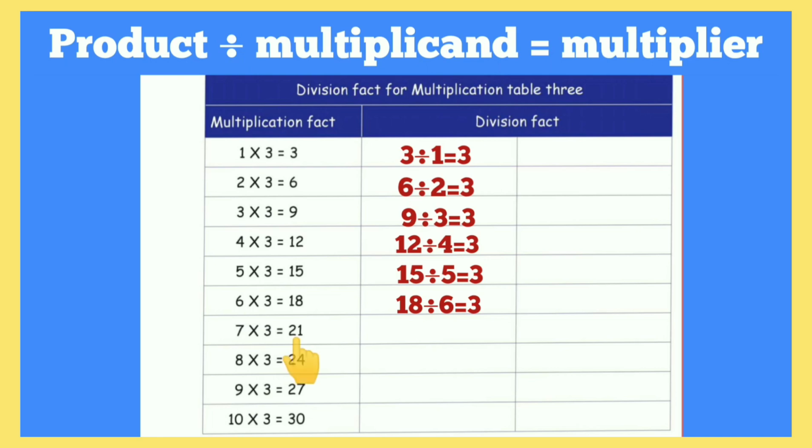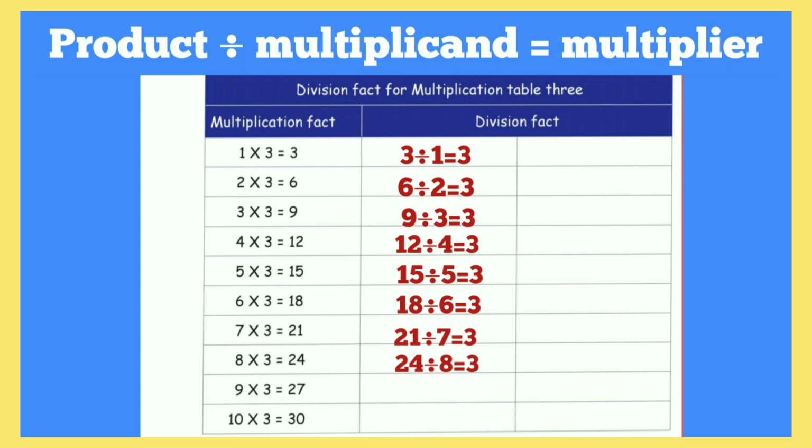Here, the product is 21, multiplicand 7, multiplier 3. So, the division fact is 21 divided by 7 equal to 3. Next, the product is 24, multiplicand 8, multiplier 3. The division fact is 24 divided by 8 equal to 3.